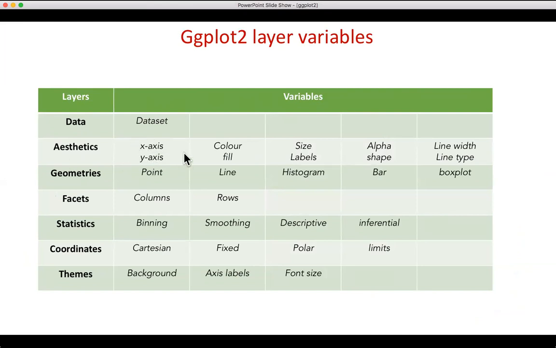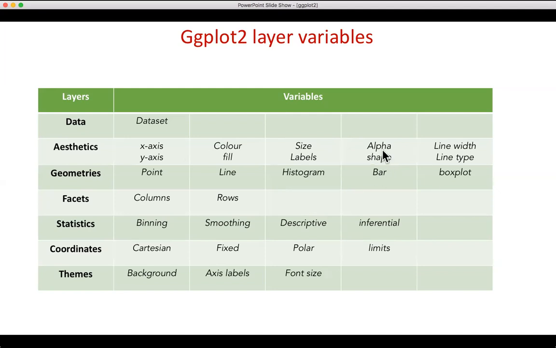Aesthetics is where you specify the X and Y axes. You can also specify what color you want for your dots or each of the data points, if it's a scatter plot. Fill is generally used when you're doing a box plot or a histogram, to choose what color you want to fill into your bars. Size is again the size of your data points. We will see how these can be used quite effectively.